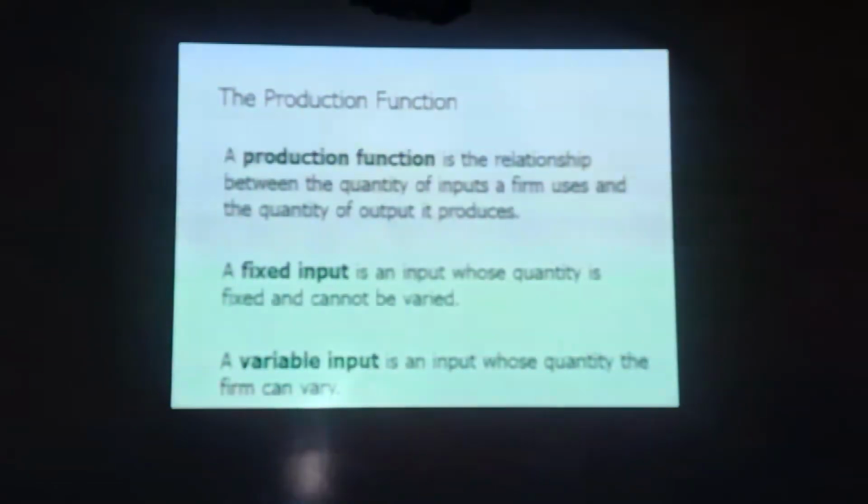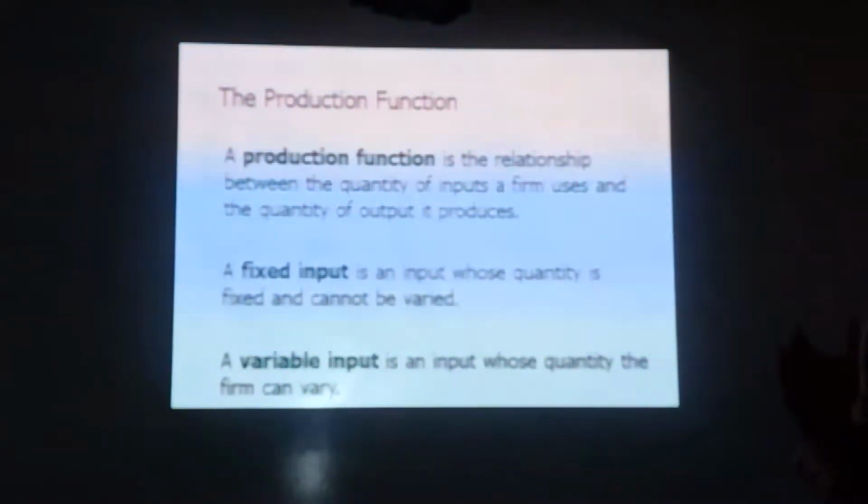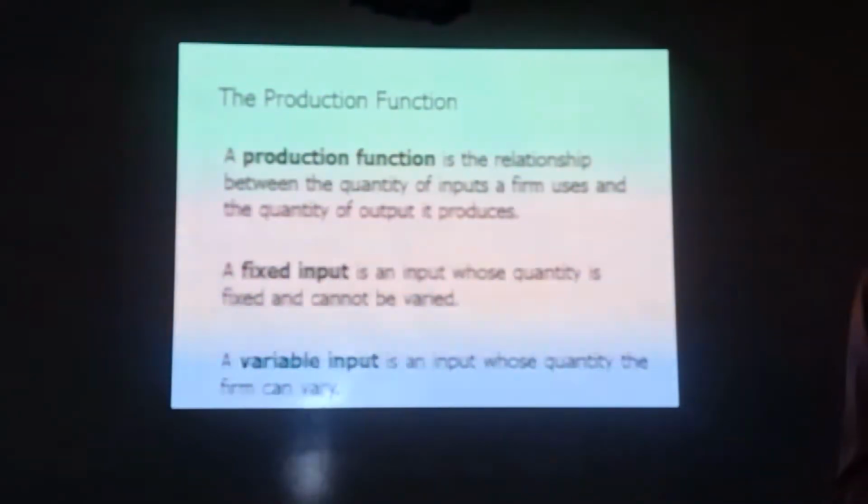I am going to repeat it again: a fixed input is that input whose quantity is not going to change with the change in the output, just like the building. I am standing in this class; if there are only 10 students, this class has the capacity of more than 100 students.